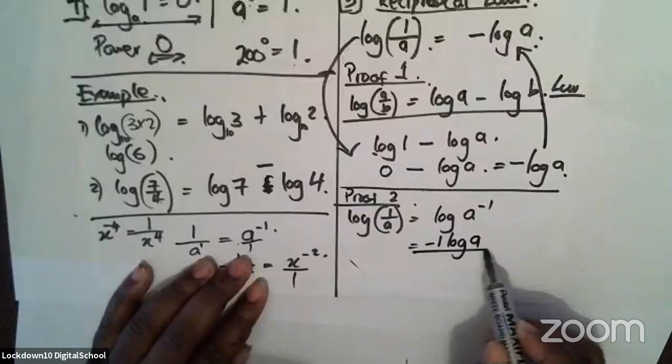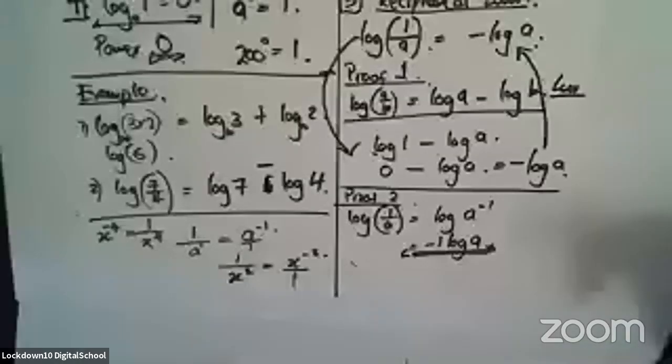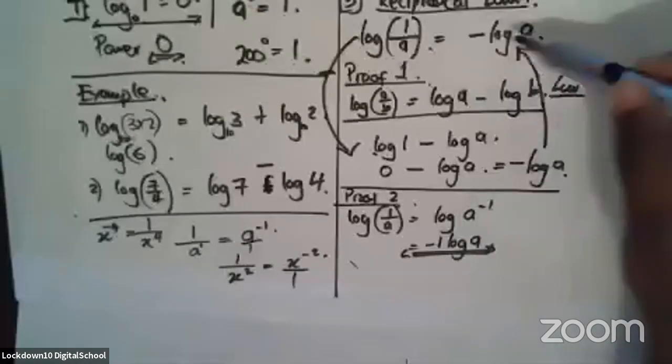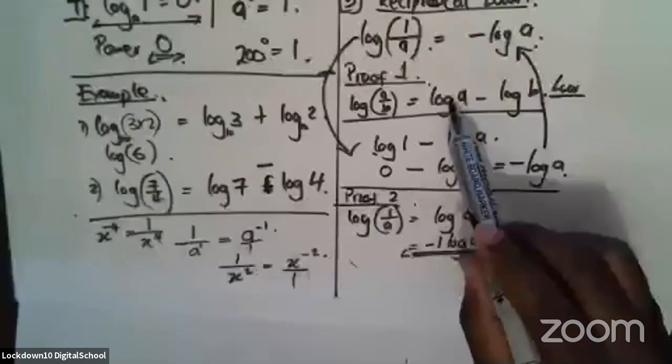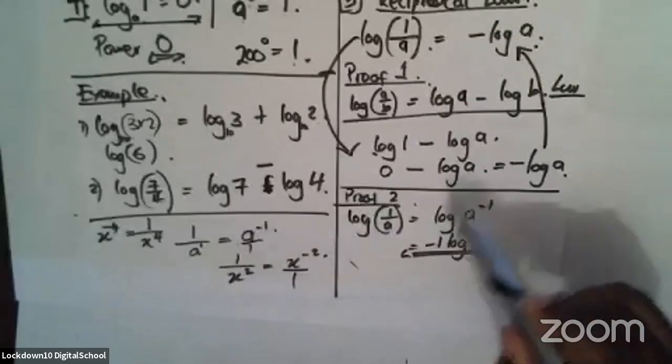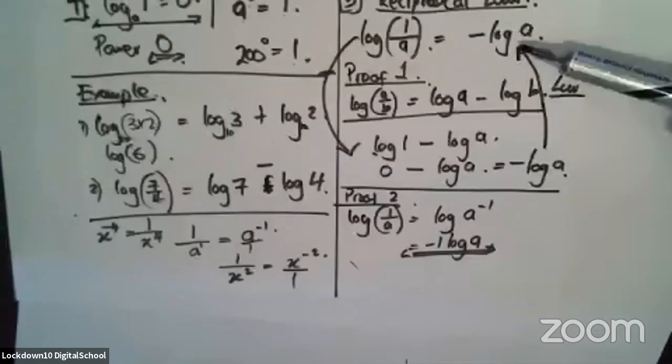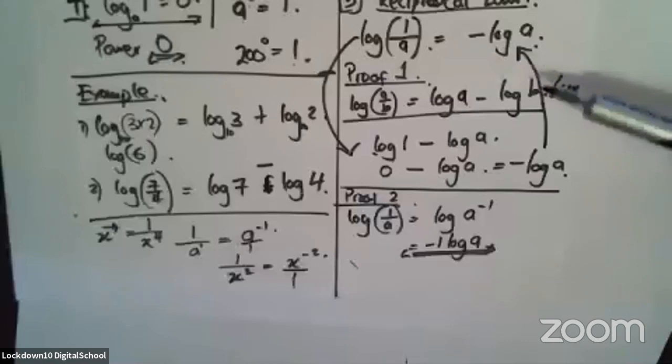These proofs are not necessary though. It's just showing you that this is correct. In your examination, you will not be asked to prove, but it's just to show you that this is true for the law.